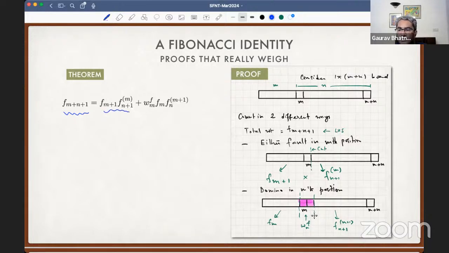And if it has a domino, then we get this term, so there's a weight which comes. If you just put w equal to 1, you'll get the usual Fibonacci type identity. And if you put w equal to q raised to m, you get an identity for the q-shifted identity. So the proofs are very much the same as done classically.